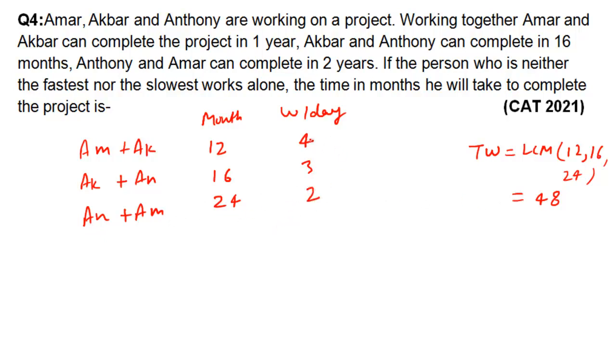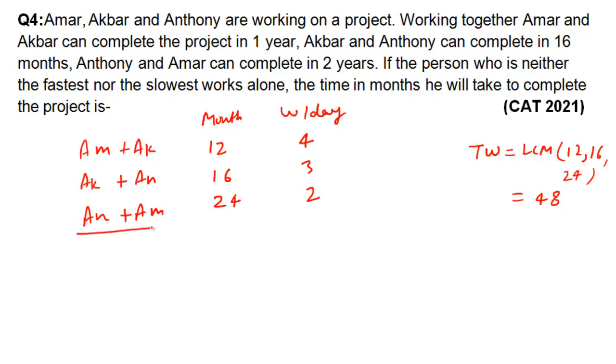Now we can add them, work per day. So we have to find the person who is neither the slowest nor the fastest one. So that means we have to find their individual efficiency, then only we would be able to compare it, right?